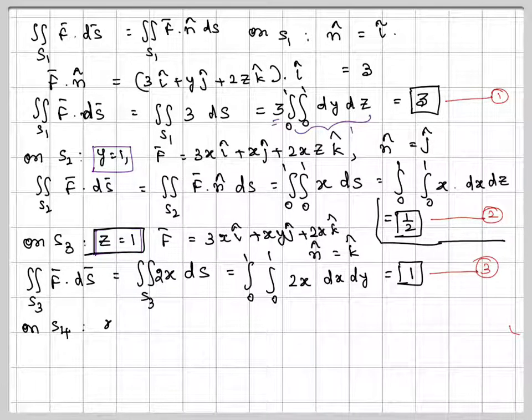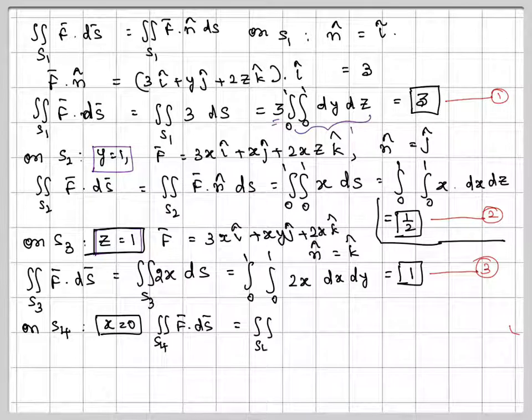So on S4, the side corresponding to S4 is x equal to 0, which is pretty much the yz plane. Here if you compute double integral over S4 of F dot n dS, F itself is 0 because x equal to 0.